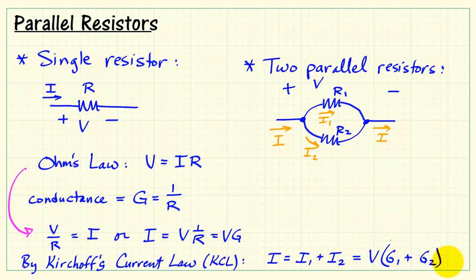We see V is common, so I'll pull that out. Now, matching terms, we see I, V, and then this sum, G1 plus G2, apparently is the equivalent conductance of the parallel resistors.